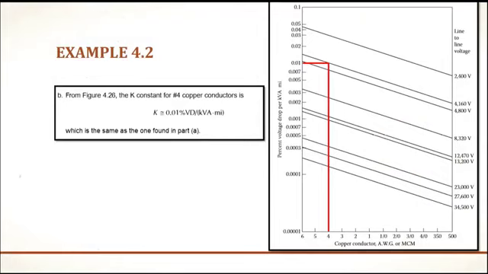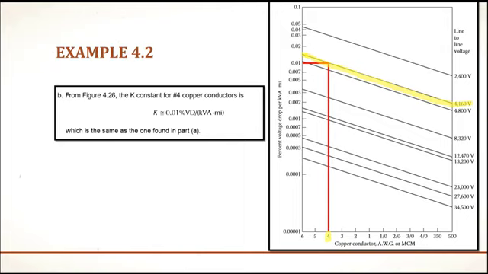So here you can see we have seen these curves in the previous lecture. The given conductor size is size 4. So for 4 size conductor, the given line to line voltage is 4.16 kilovolt. So you are going to consider this curve, which is for this voltage, and you are going to consider 4 size conductor.